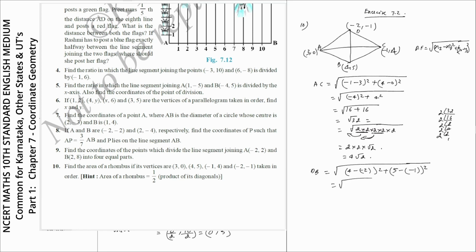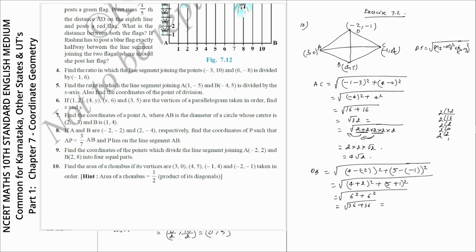So this is equal to square root of 4 minus of minus 2 is 4 plus 2 the whole square plus 5 minus of minus 1 is plus 1 the whole square. So here I'll get 4 plus 2 is 6 square plus 5 plus 1 is 6 square. So this is equal to 36, 6 6s are 36 plus 36.